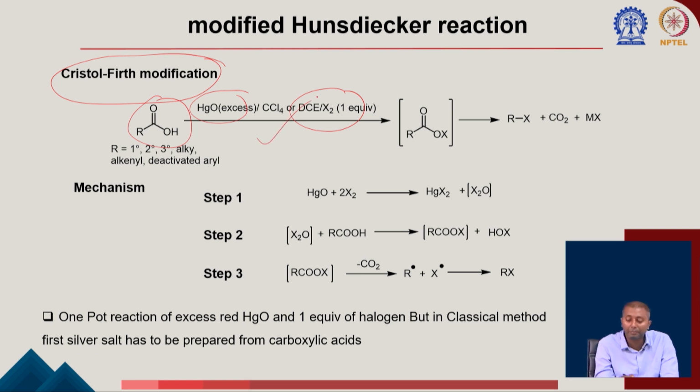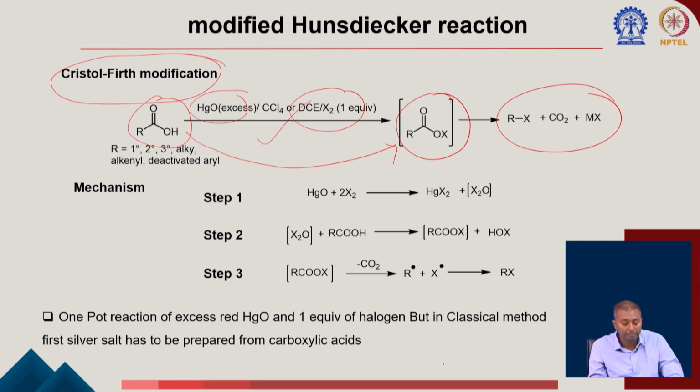I think the most important thing is the formation of the corresponding hypohalite. This is the development that happened, a different route to form the hypohalite, because once you generate the hypohalite, under h nu or heat it is going to generate the corresponding product. So it is actually a one-pot reaction of excess red mercuric oxide and one equivalent of halogen.